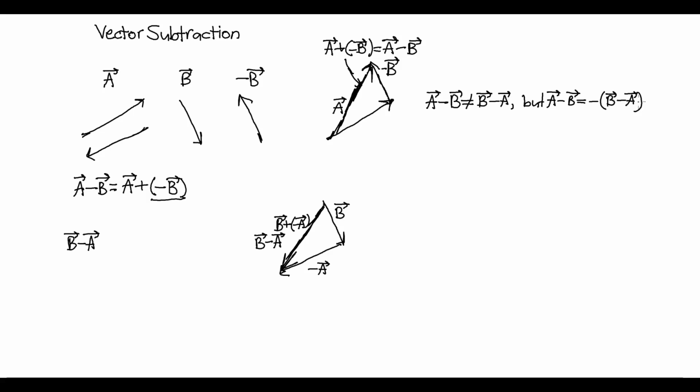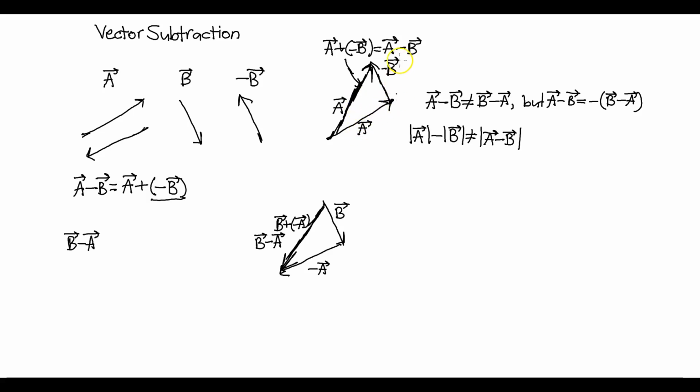Also, just as in vector addition, you can see that the magnitude of A minus the magnitude of B does not necessarily equal the magnitude of A minus B. In this case, you can clearly see it.